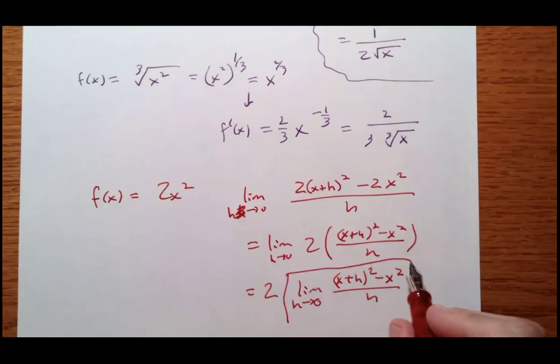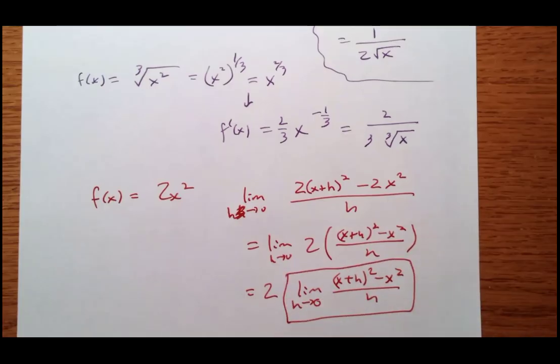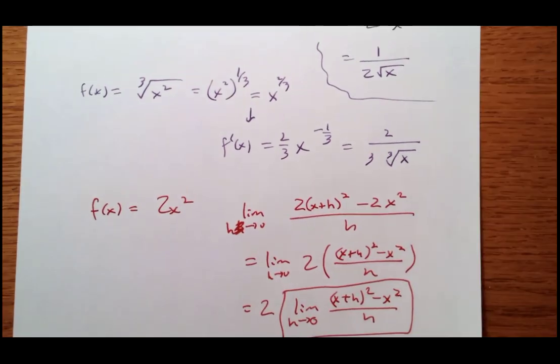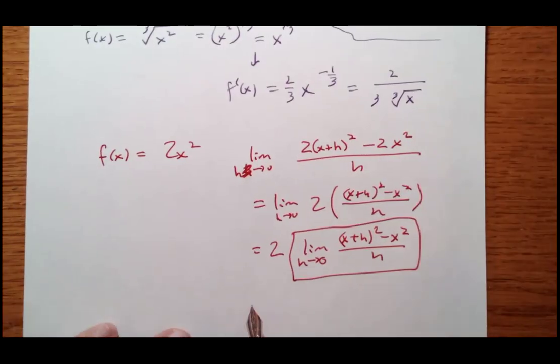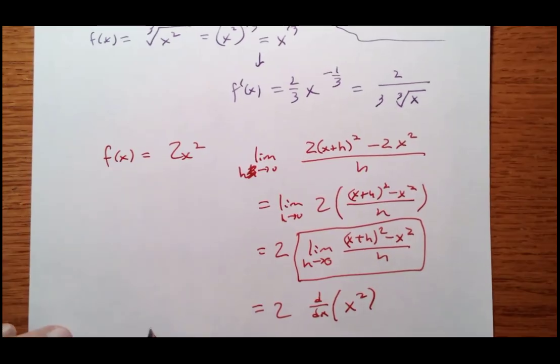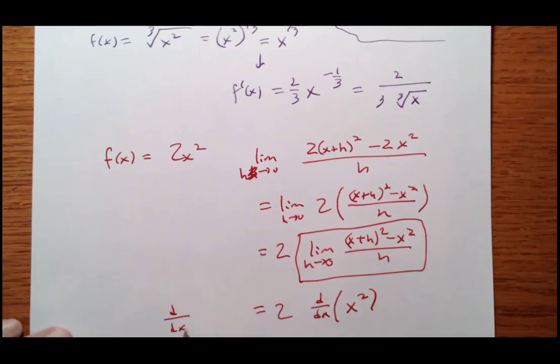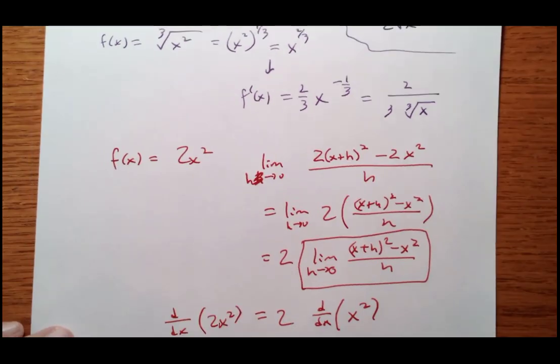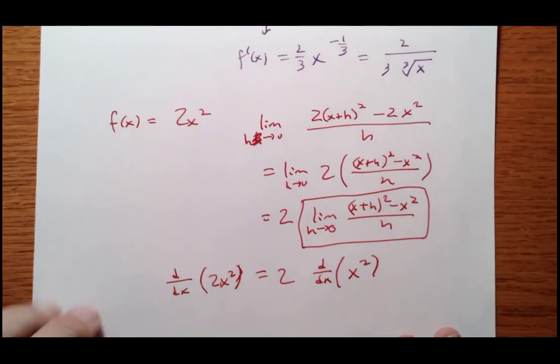This expression is the derivative of x squared. I'm going to use my different notation. This is 2 times the derivative of x squared. So to do the derivative of 2x squared, I really just do 2 times 2x.